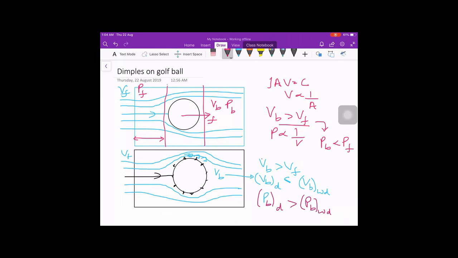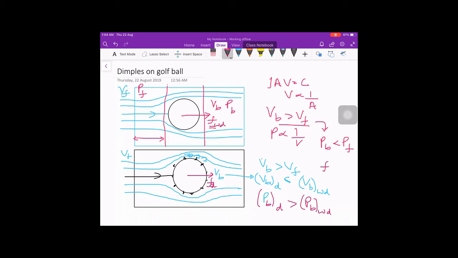So we also have a force that tries to slow down the ball here, but this force is smaller than the force that is generated when the ball doesn't have dimples. Let this be D, which means force with dimples, and this be WD.